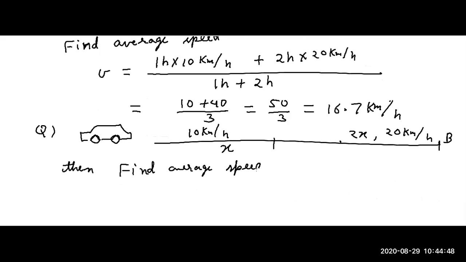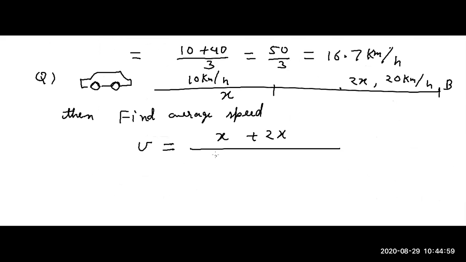In this case, for finding average speed, we take the total distance, that is x plus 2x, and the total time. The time will be x by 10 and 2x by 20.